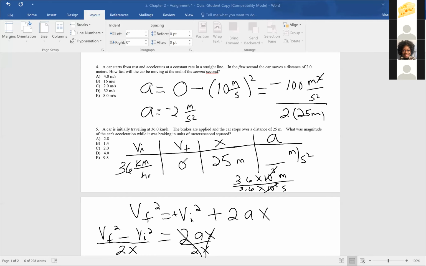Okay, very good. Keston gave us the word. Kaylin gave us the word. Very good. Deceleration. So sometimes you have to read between the lines. So the question was, what was the magnitude of the car's acceleration while it was braking? So while it's braking, it is actually decelerating. It's getting slower.